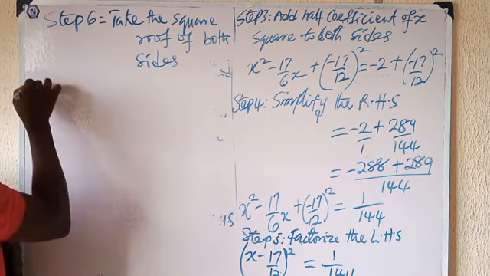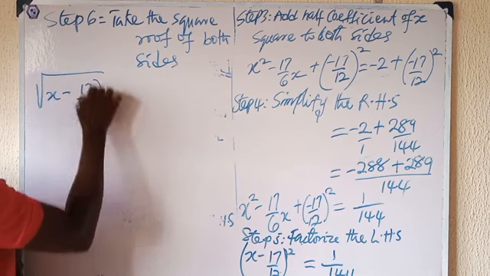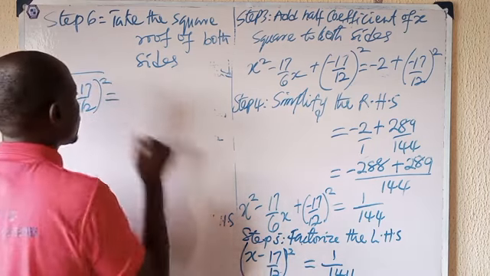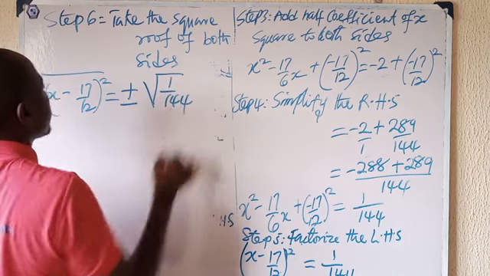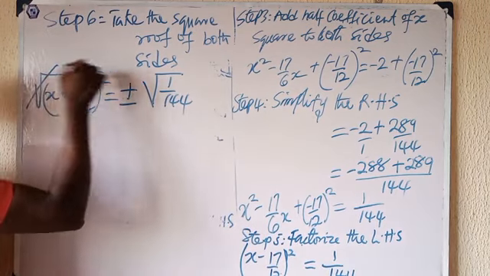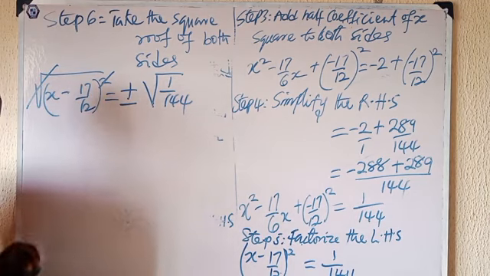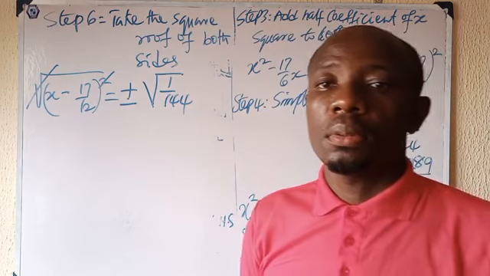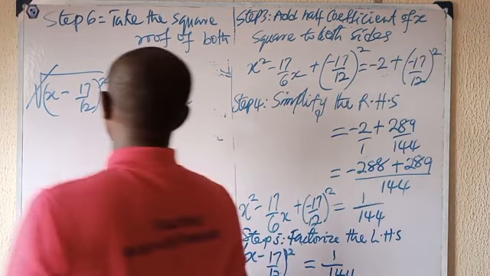So we are going to take the square root of x minus 17 over 12 squared, and also take the square root of, once you take the square root of this function, you put the plus and minus sign, and take the square root of 1 over 144. So this square root will take care of the square. Can you see it? So this square root will take care of the square.